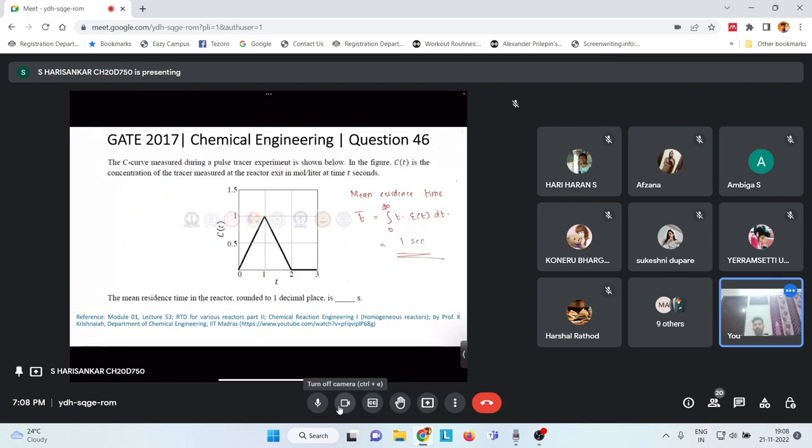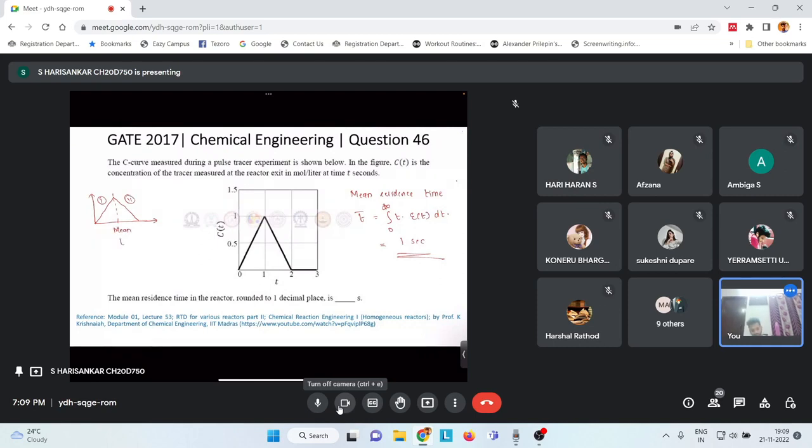A shortcut for this can be, because this residence time distribution has an identical geometry, we can say that the point at which both part 1 and part 2 become identical, which is the halfway point of this triangle, will be our mean residence time t bar.